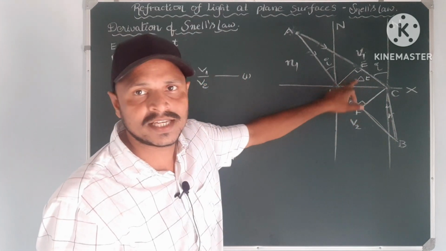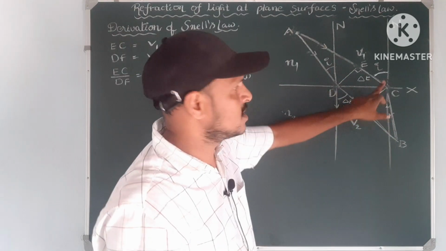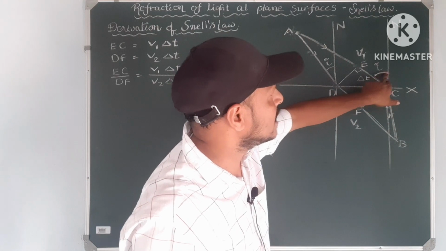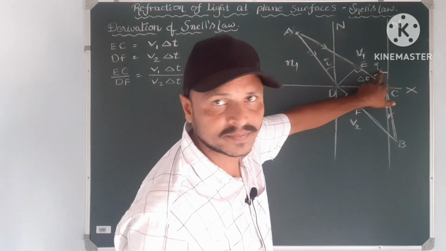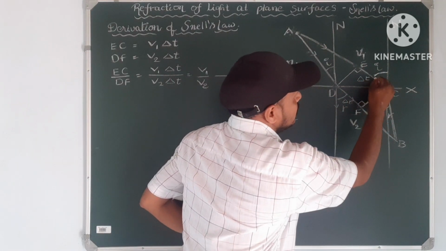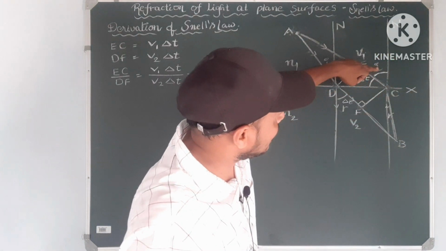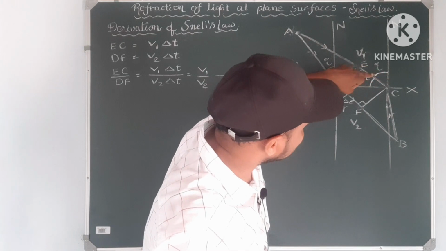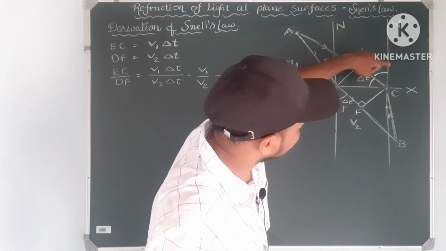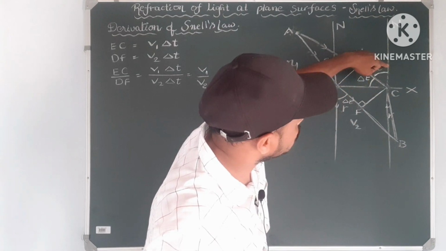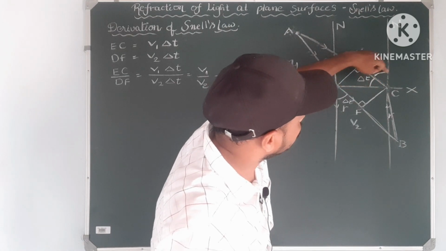These two are right angle triangles. So let's see carefully. This angle is I, and this is 90 minus I, because this is a normal and this is the seashore, so total 90 degrees.